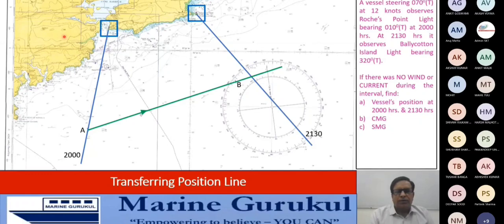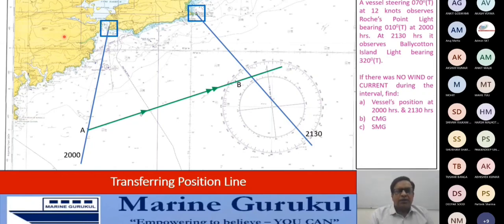Now B, we all know, would be the DR position of the vessel. But in this particular case, since there is no wind, no current, this also happens to be the CMG line. So you can see two vectors coming up on this line. So this is the CTS as well as the CMG line. And distance AB is the engine distance and also becomes the distance made good in 1.5 hours.